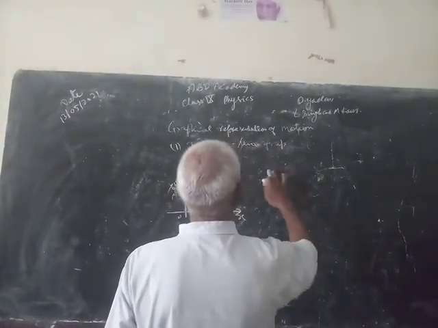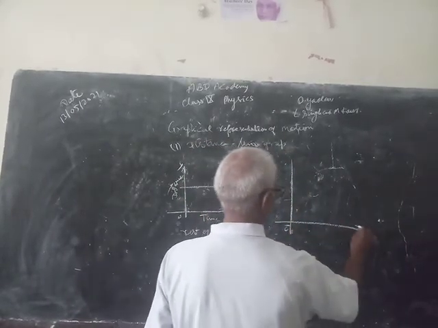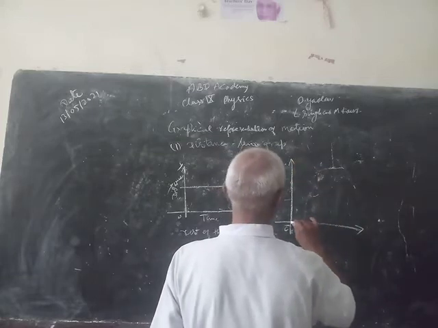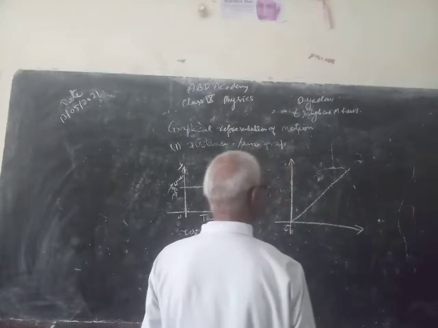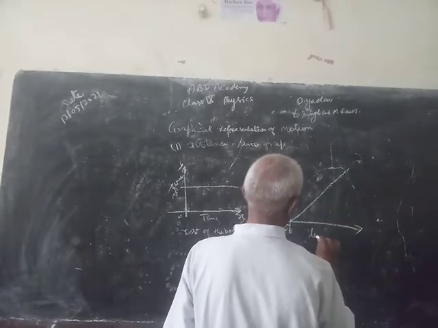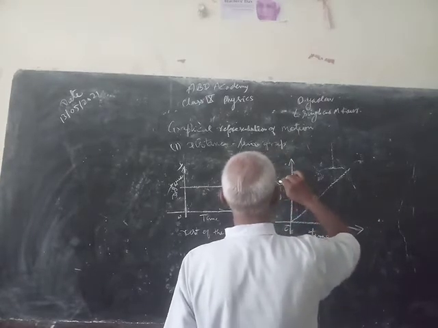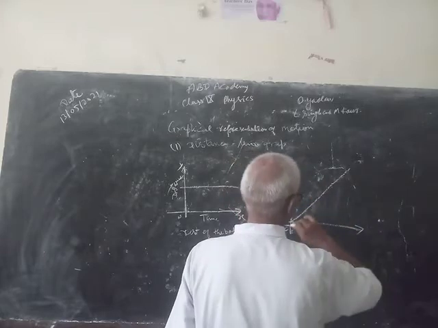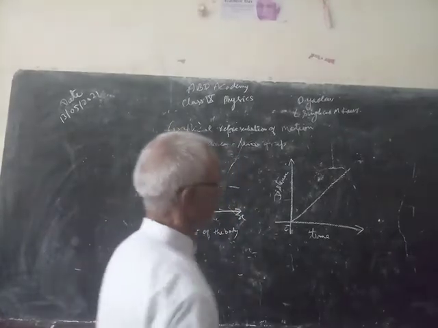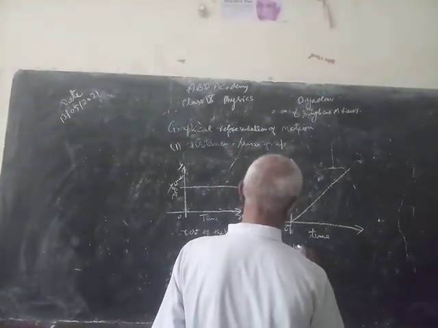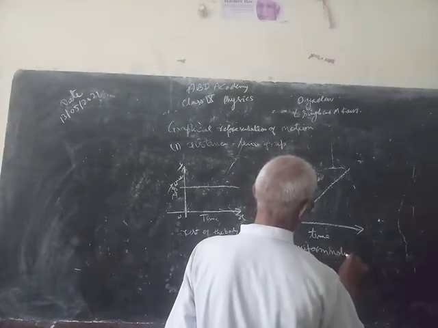But if motion is going on, there are many types. If the body starts from rest and moves uniformly, here is the time axis, here is the distance axis, then it is a straight line showing that it is a uniform motion.